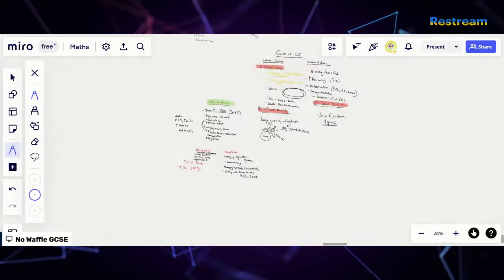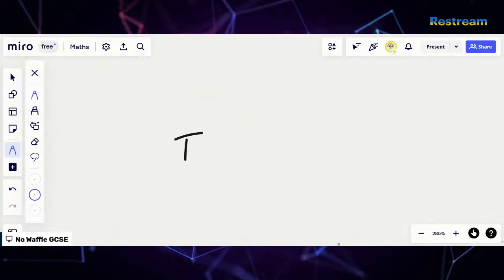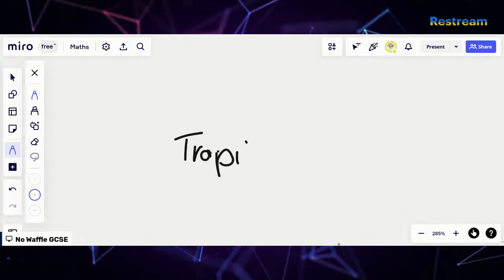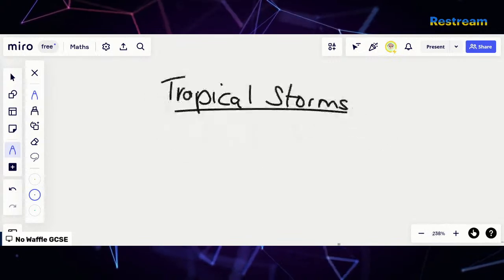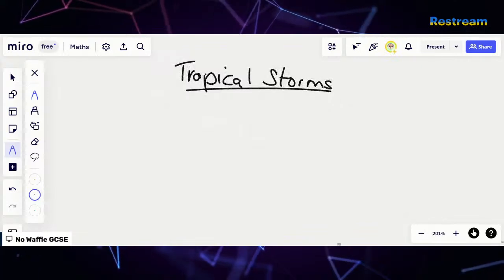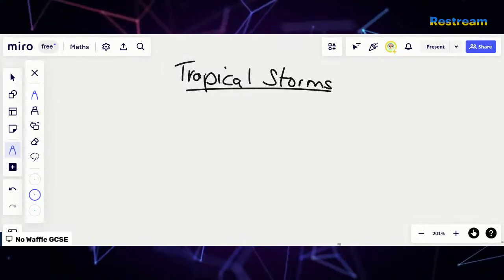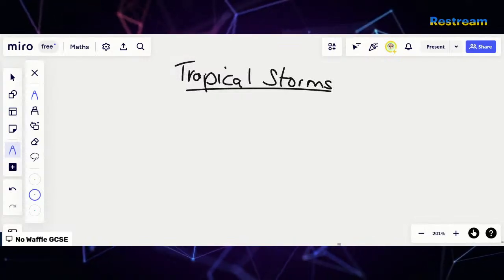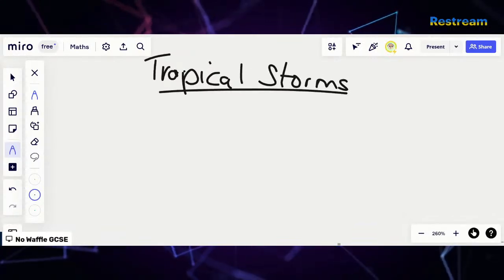Okay. So let's look at how storms form. So there are certain things that tropical storms need to form.